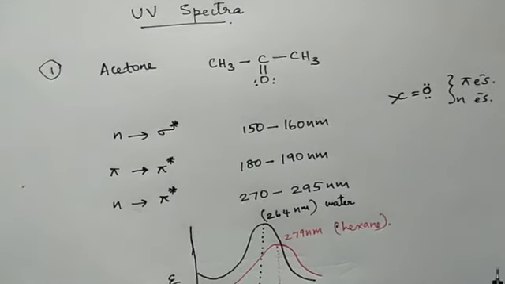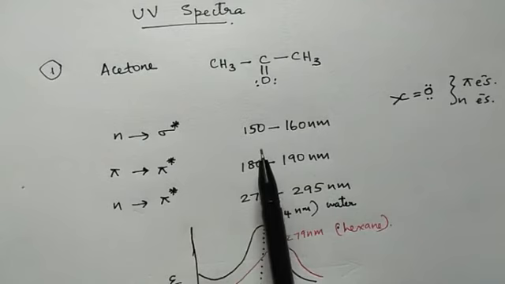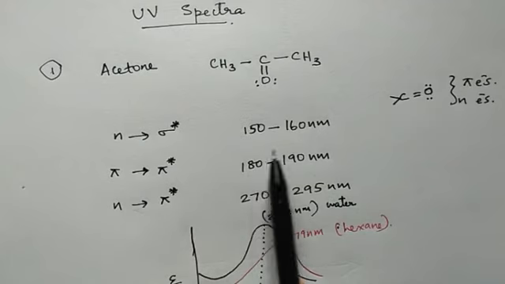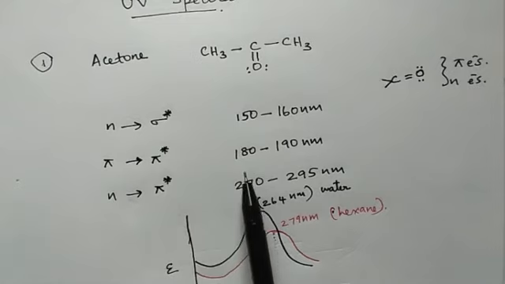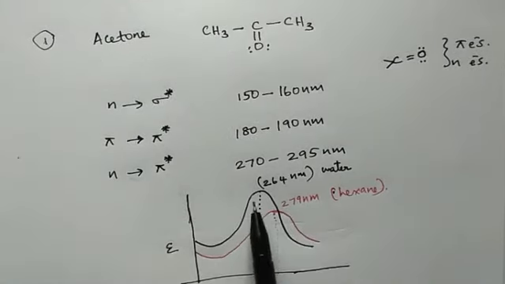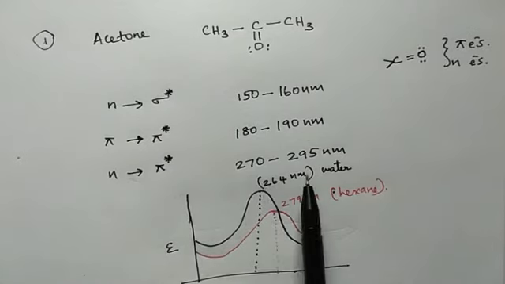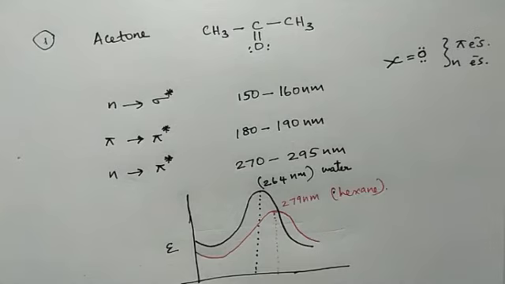In this case, the n to sigma star transition is found to be between 150 to 160 nanometers, the pi to pi star is found between 180 to 190 nanometers, and the n to pi star is found around 270 to 295 nanometers.